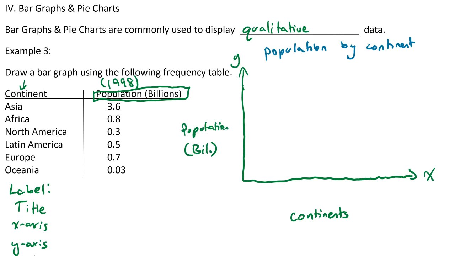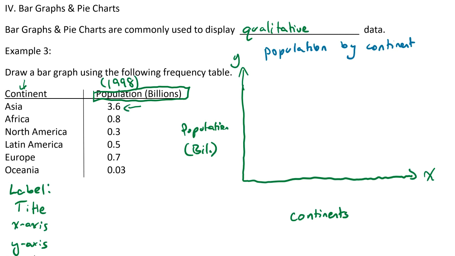So here's what we need to do. A bar graph just means we're going to put a bar for every single one of our categories that go up until they meet the number that they're at. So on the y-axis, I'll start there. We're going to need to go up to at least 3.6.